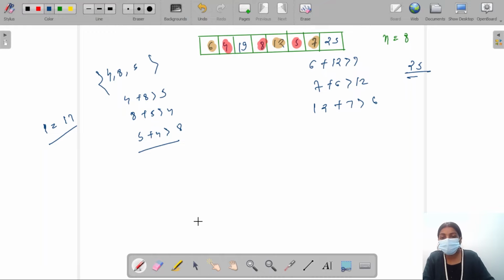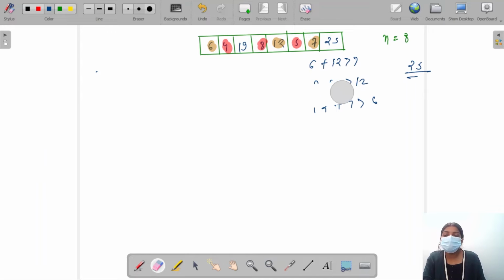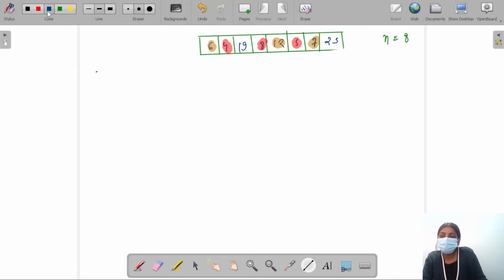Okay, so what do I have to do? I want the largest perimeter, so let me sort my array first.